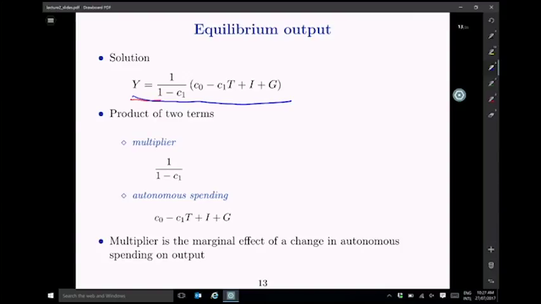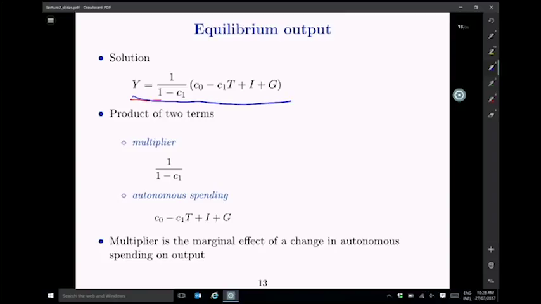Okay, let's take a further look at the implication of this goods market equilibrium condition. Suppose there's an increase in autonomous spending, this big part, C0 minus C1 T plus I plus G. Suppose government increases spending by 1 unit. What's the implication for aggregate output? Well, the first question to think about: if government spending increases by 1 unit, it should have a positive impact on aggregate output, right?